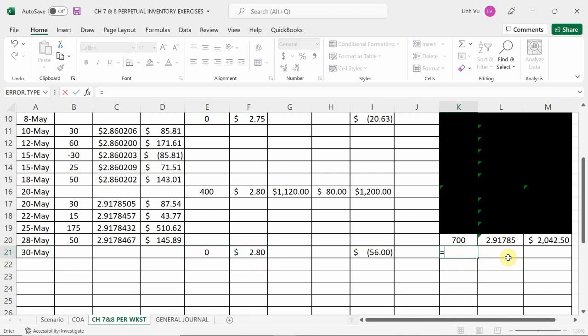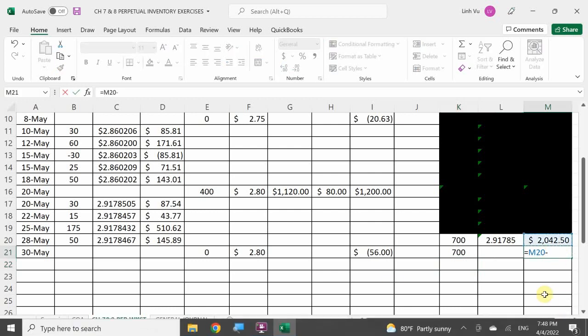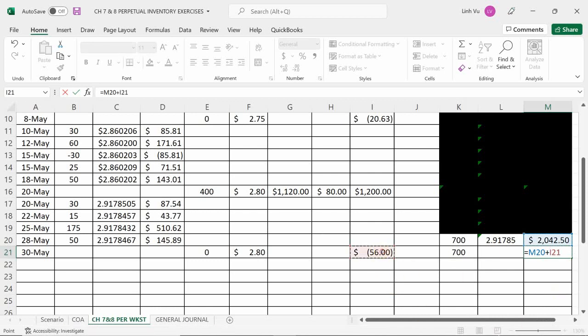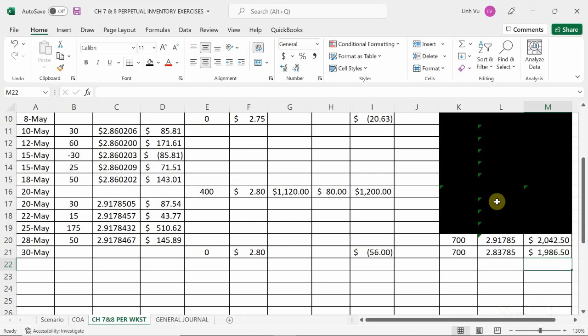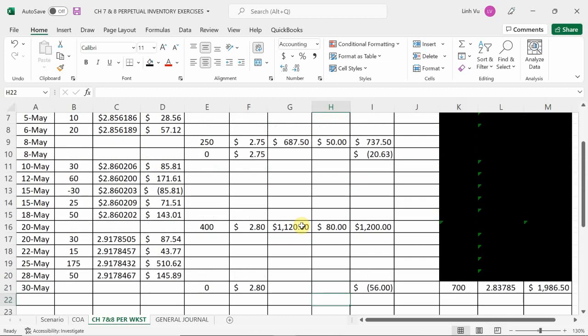So in this case, I'm still at 700. However, I need to subtract $56 because that is what I don't have anymore. I end up discounting $56. So I am left with 700 units at $1,986.50, giving me a new cost per item of $2.83785. Okay? And that is it for the chapter 7 and 8 exercise.